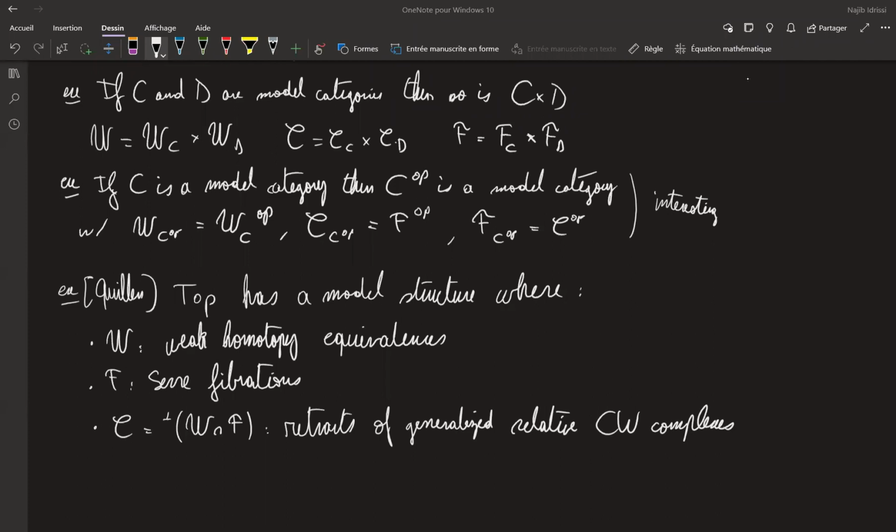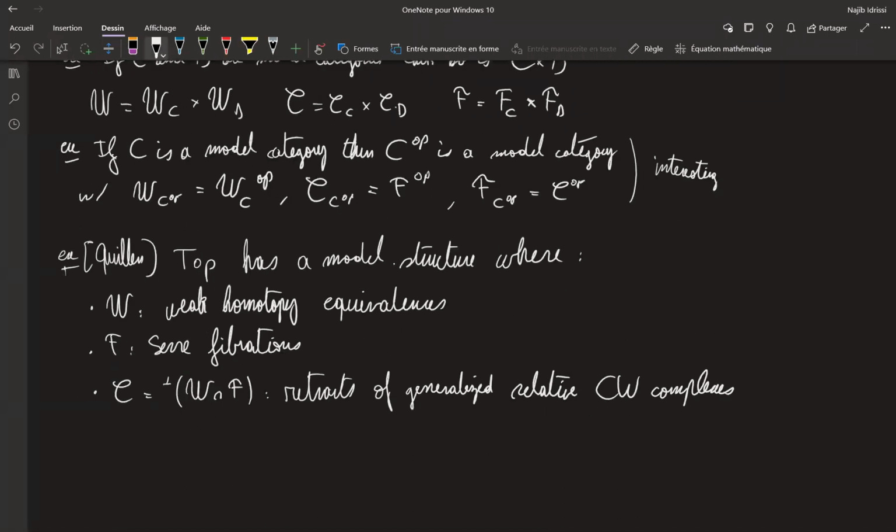Right. Someone asks if it works with Hurewicz fibrations. Yeah, precisely. It's another example which I'm going to give right now. But the first example was really for this model category, where you want to invert weak homotopy equivalences, but this was basically a motivation for model categories.